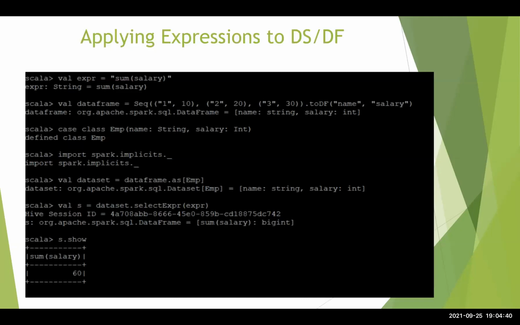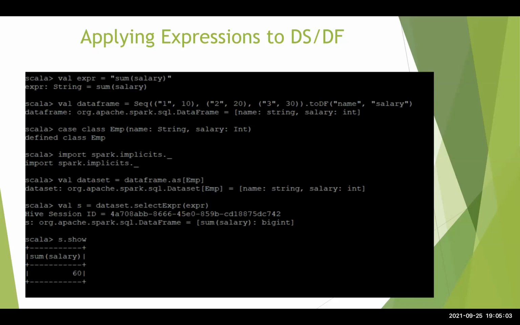This we already covered, but I'll just repeat it one more time. You can apply expressions to a dataset and data frame. For example, one expression is sum of salary. I create this data frame with name and salary, and then I create an Employee class with name and salary, and import Spark implicits. Then I do the data frame to dataset conversion using dataFrame.as[Employee].